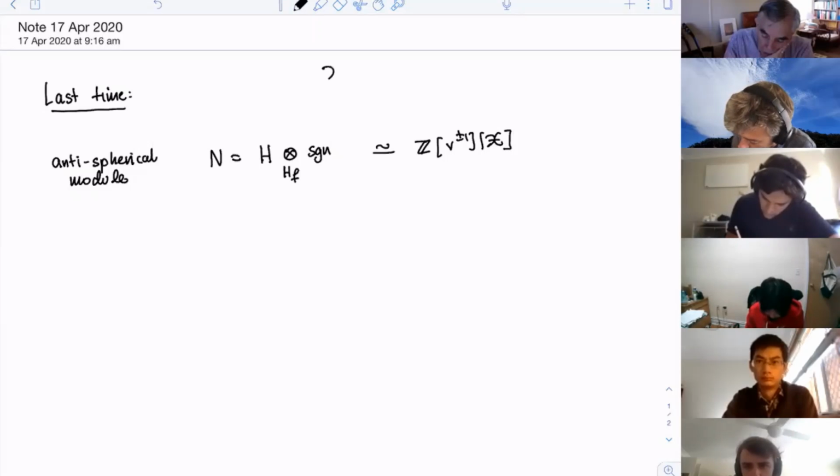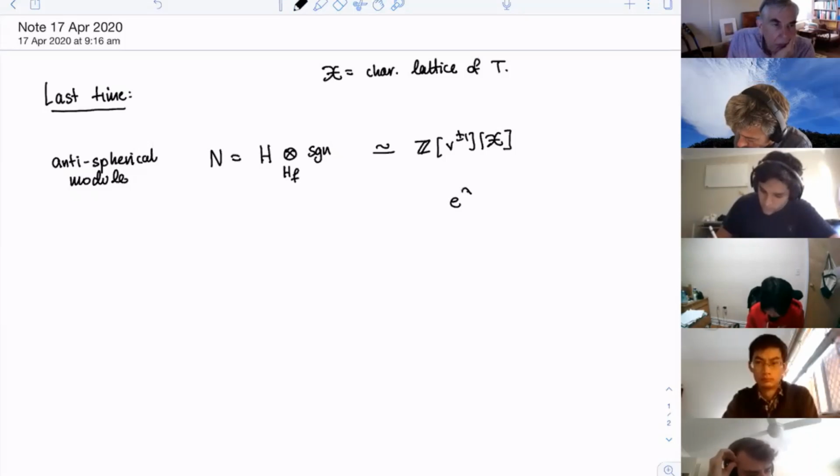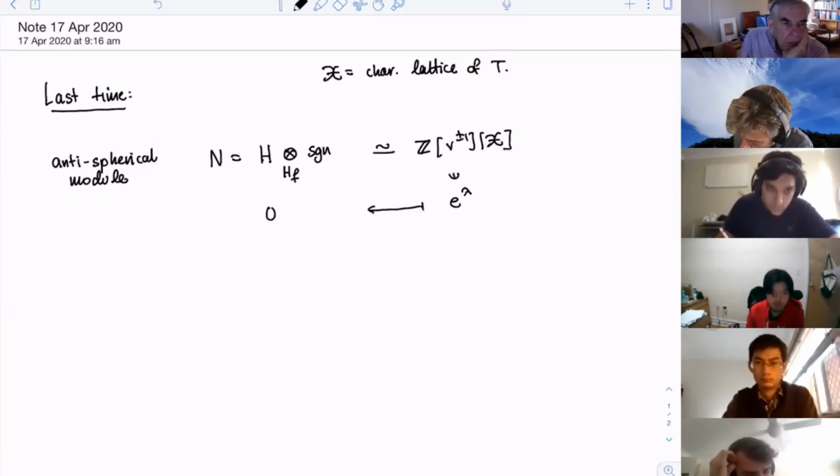So remember that chi is the character lattice of T. And this isomorphism sends e to the lambda inside here to theta lambda tensor 1.